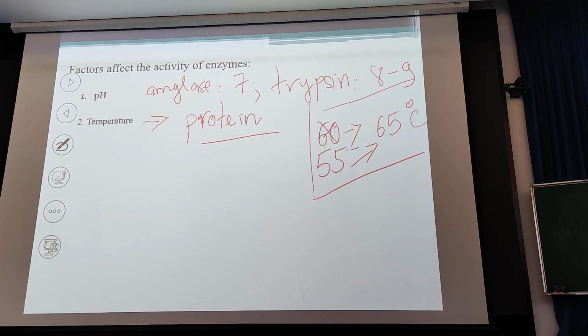What about the Taq polymerase? It is still a protein, but with a different way of folding, so it can work. It does not denature at those temperatures, and it's all because of evolution.